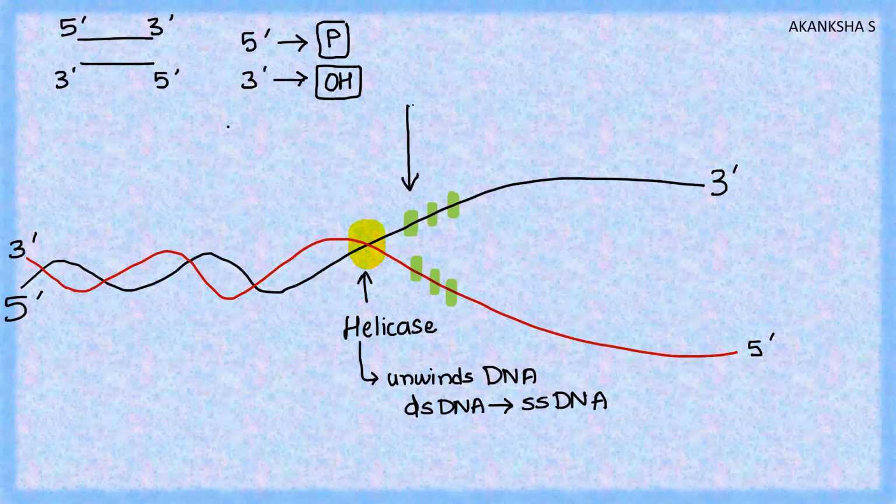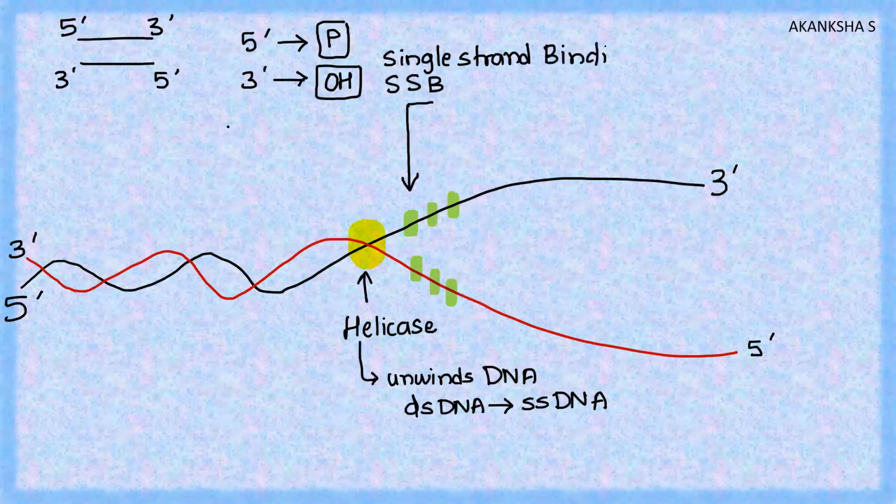We are going to use some proteins or enzymes which will help us in that. What are we using? We are using SSB. Okay, what are SSBs? These are single strand binding proteins.